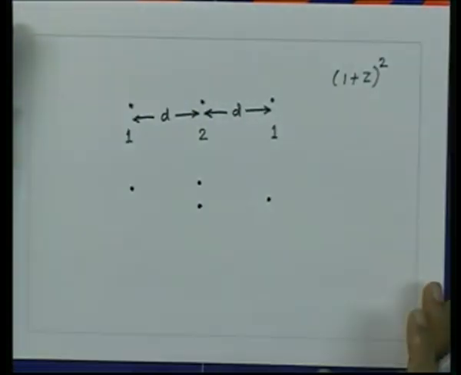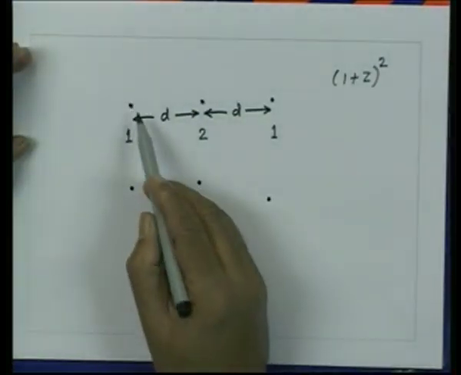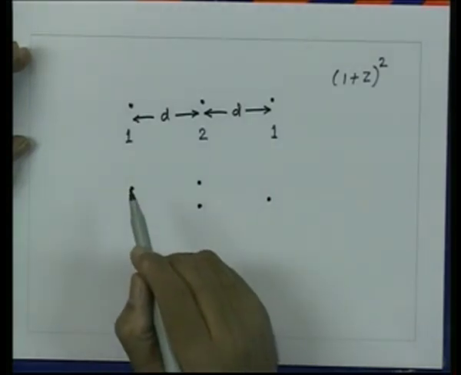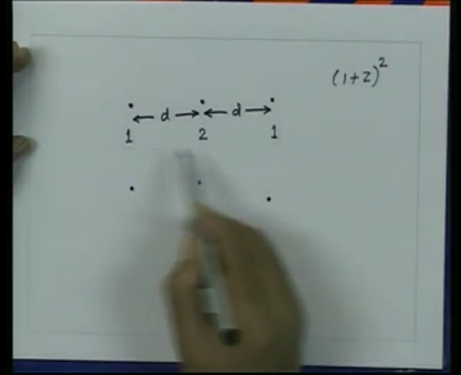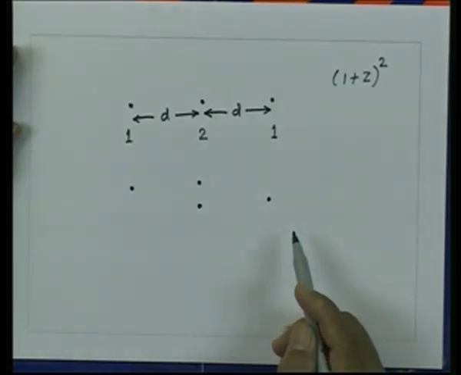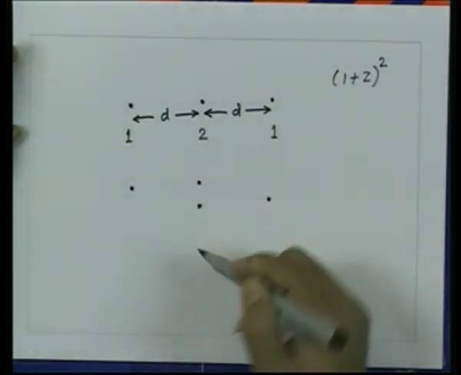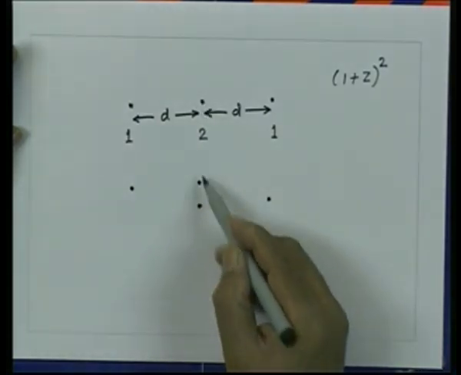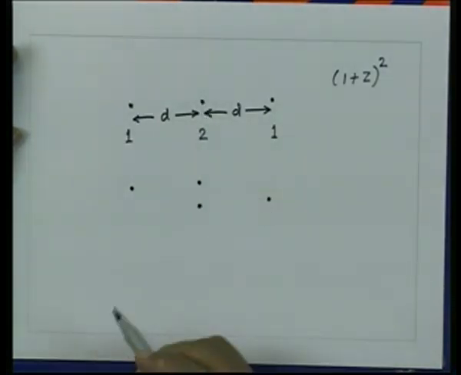initially we have elements which are isotropic elements, and now we are saying that we have a 3 element array which has a current distribution 1, 2 and 1, and then we said this is equivalent to saying that there are 2 elements here which have the amplitudes 1 and 1.